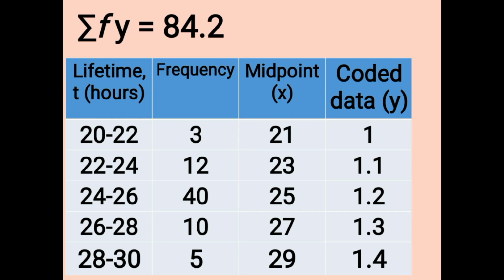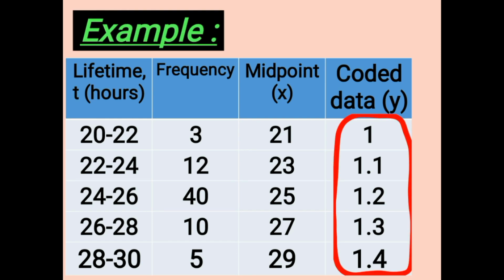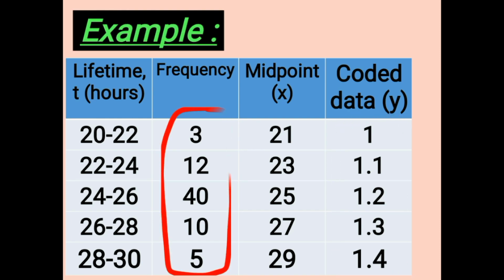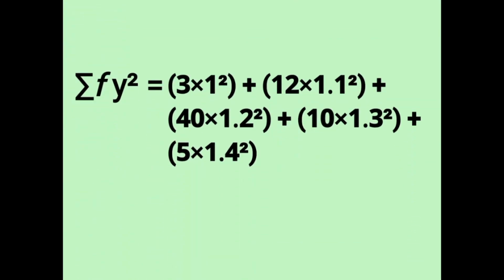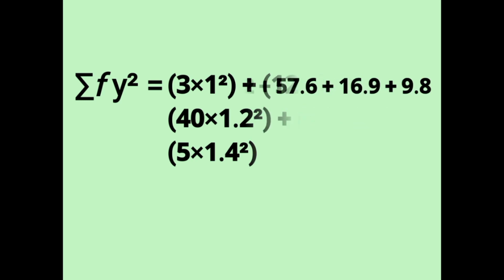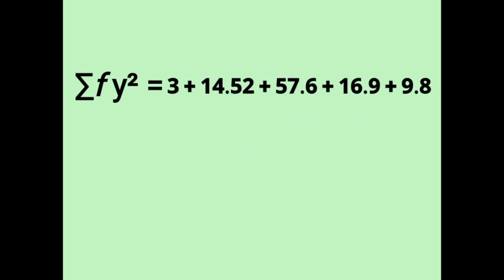Now, let's find the sum of the products of the squared coded data values and their frequencies, that is sigma fy squared. Then it's 3 times 1 squared plus 12 times 1.1 squared plus 40 times 1.2 squared plus 10 times 1.3 squared plus 5 times 1.4 squared, equals 3 plus 14.52 plus 57.6 plus 16.9 plus 9.8, equals 101.82.